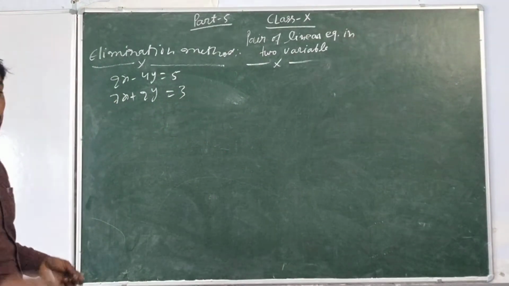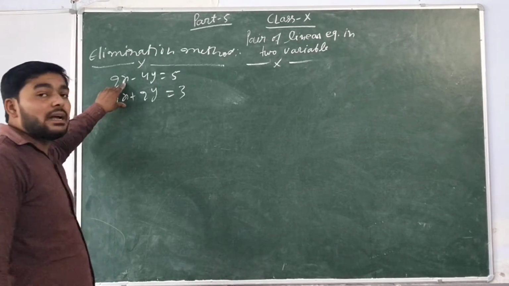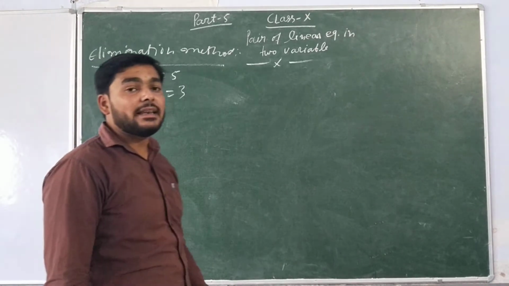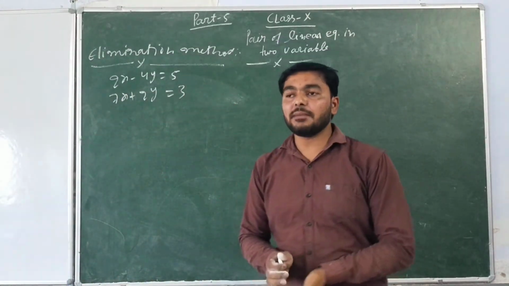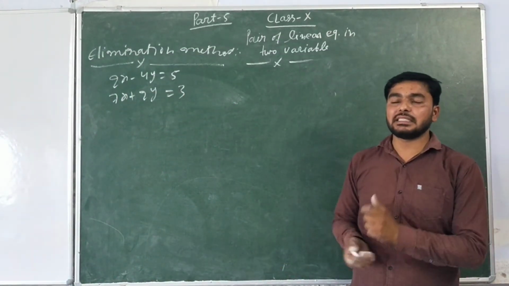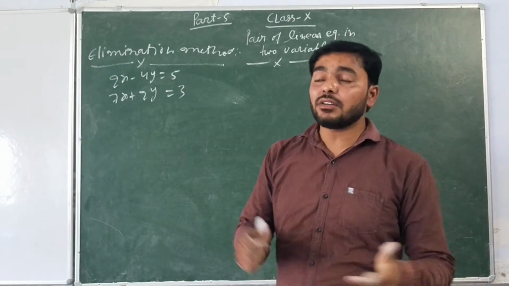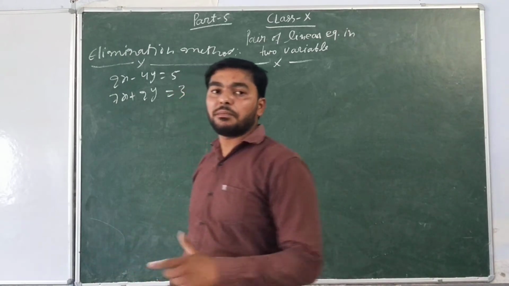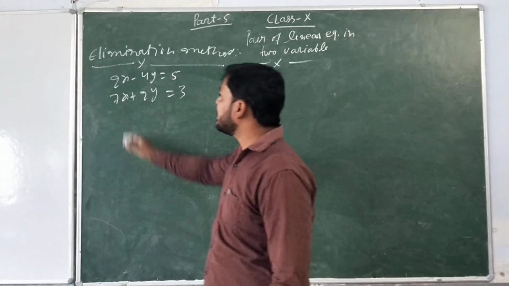Now we are going to discuss the elimination method. You have to equalize the coefficient of x or y. You can make either coefficient the same, x coefficient or y coefficient. Now we are going to make the coefficient of x the same.